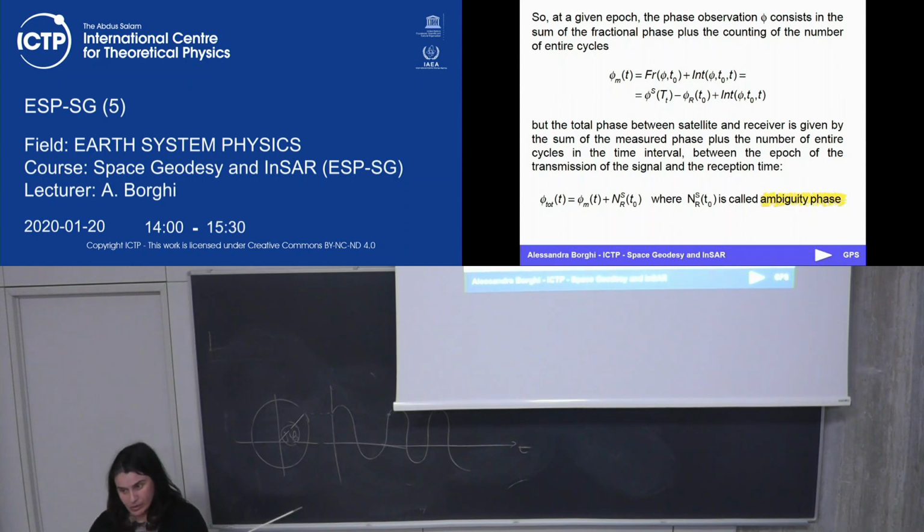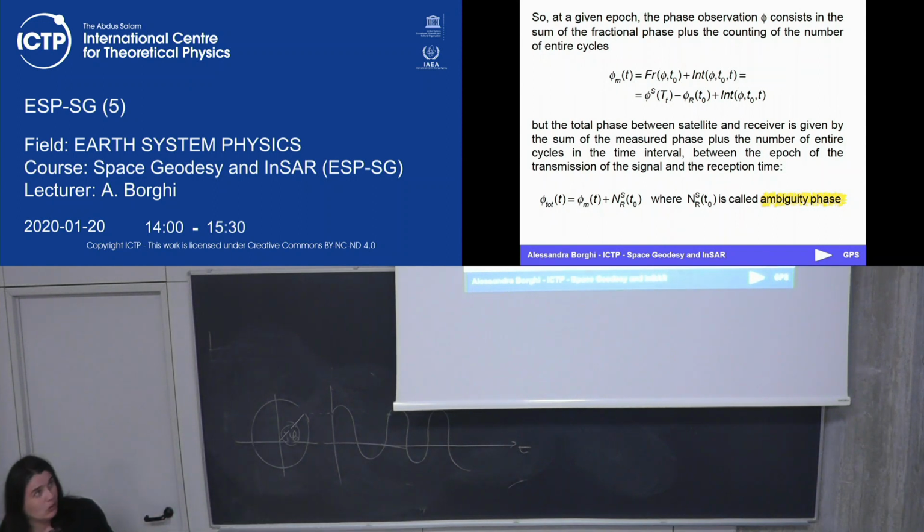So we have 4 unknowns, and we need at least 4 satellites. So we have a system of 4 observations with 4 unknowns, so we can solve this problem. Of course, if the receiver has observations from a bigger number of satellites, we can use the least squares estimation method to estimate these 4 parameters.